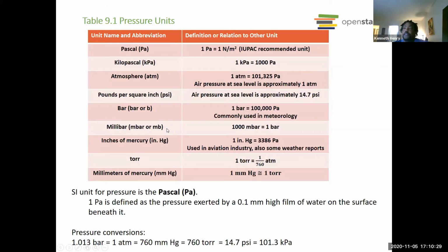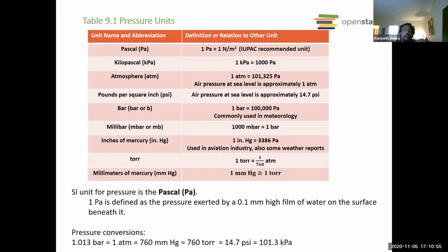So here are some of the other units of pressure. One of them, pascals. A pascal is basically force over area, so it's 1 Newton over a meter squared. A kilopascal is equal to 1,000 pascals. An atmosphere is basically the pressure at sea level.